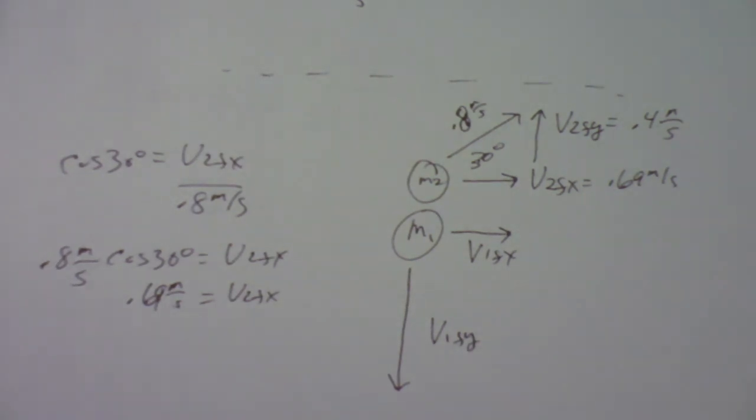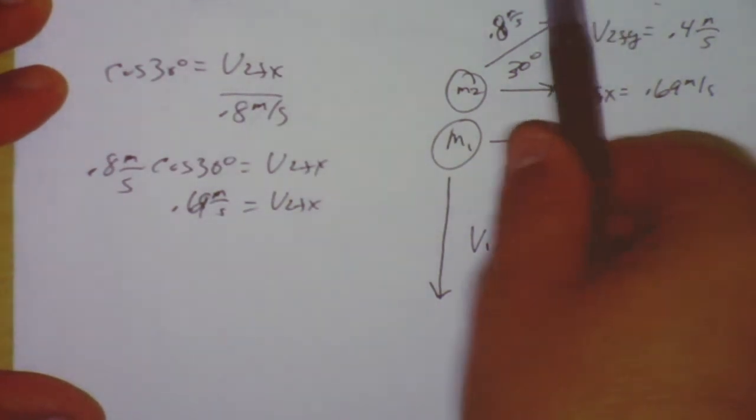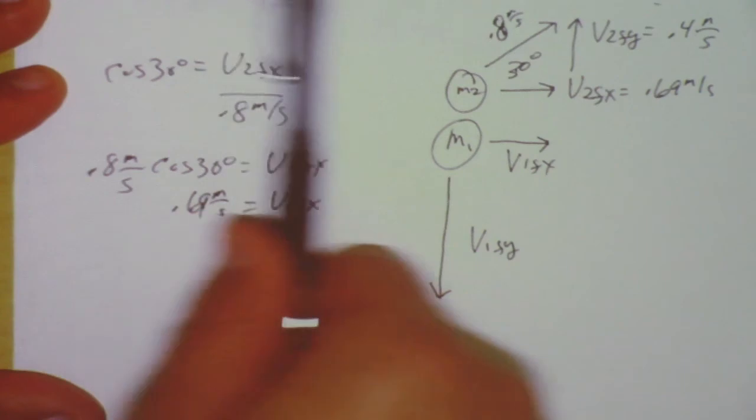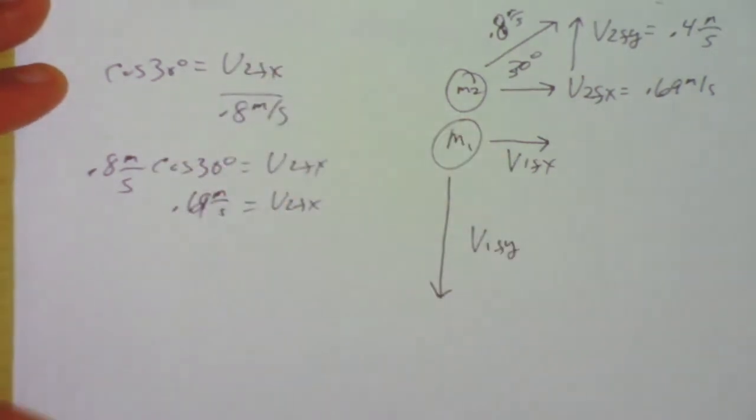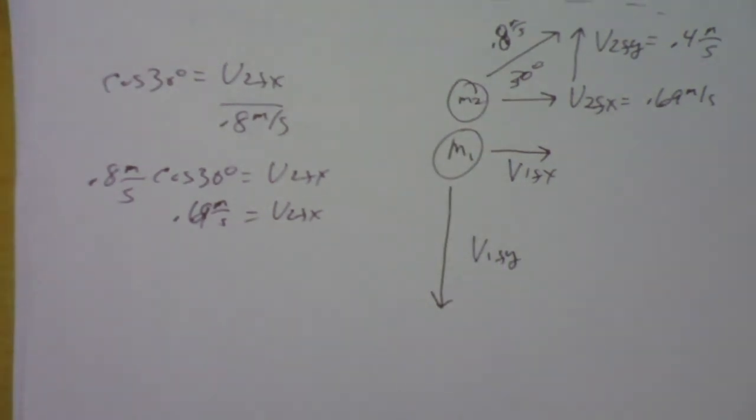In the x direction, this one doesn't even have any x momentum to begin with. This one is the only one that has x momentum, so this is the initial momentum in the x. It's got to be equal to the final momentum in the x. Well, this one and this one both have x momentum. So that's why it takes longer, because you've got to do two different directions. Here we actually had to break things into components.